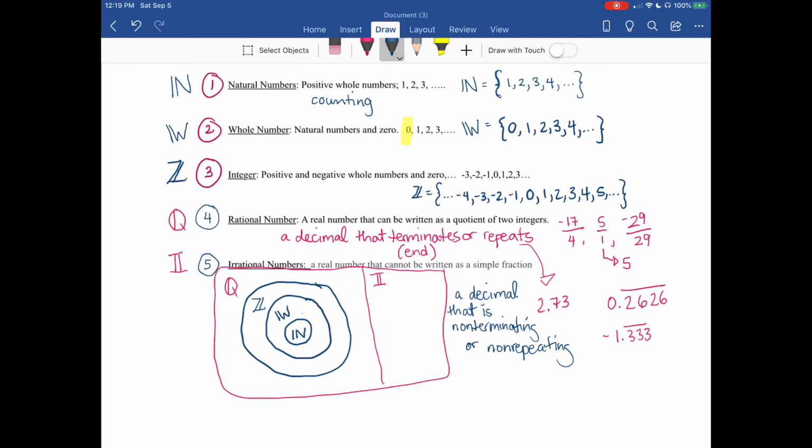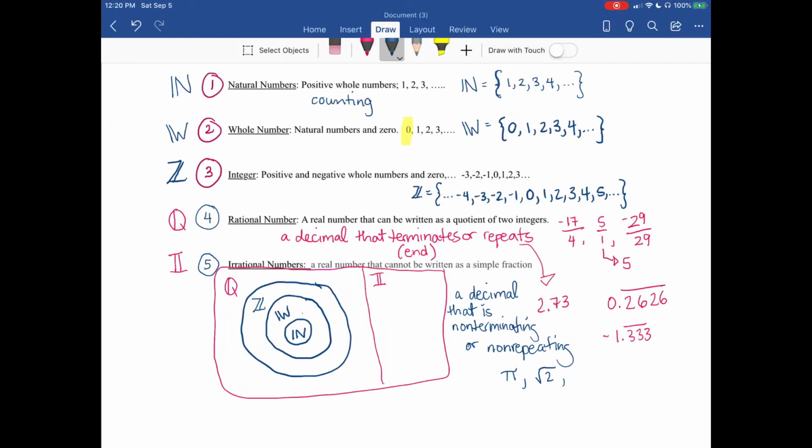What numbers can you think of that would fit that bill? Here's our famous one, pi. So you're 3.1415, and there's no pattern, there's no repetition, but it goes on infinitely without repetition. The others that you'll see are the radicals, and we'll get into radicals in greater detail later, that aren't perfect squares.